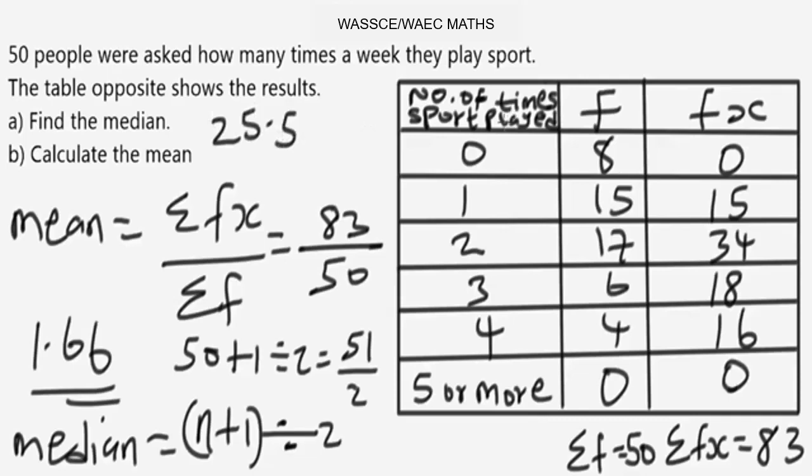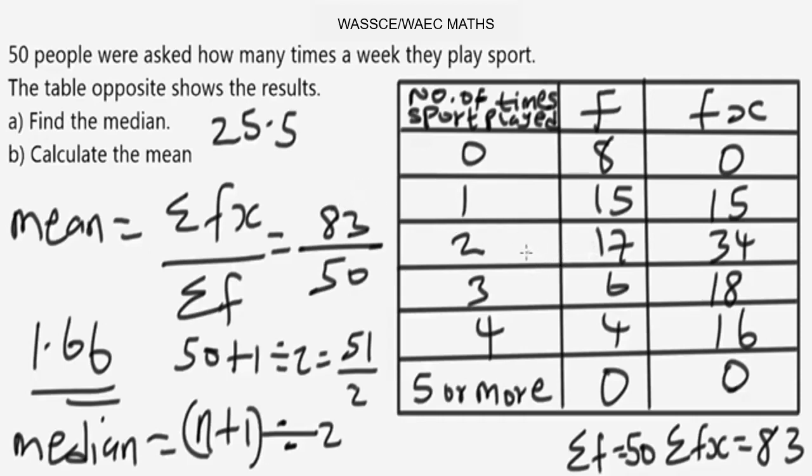Okay, now you check from this frequency data the values you'll be adding that will sum up to around 25.5 thereabouts. So when you add 8 plus 15 will give us 23. 23 plus 17 will give us 40. So we need this 17 frequency value to get to a summation of around 25.5.